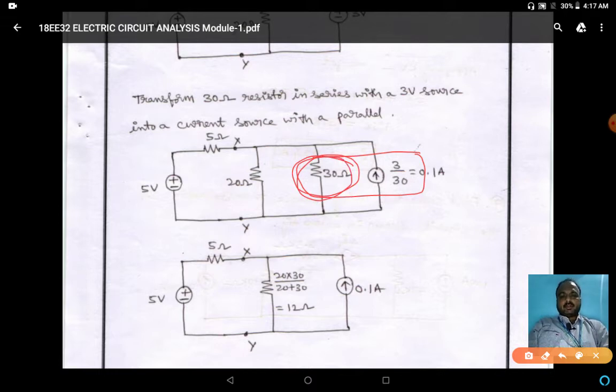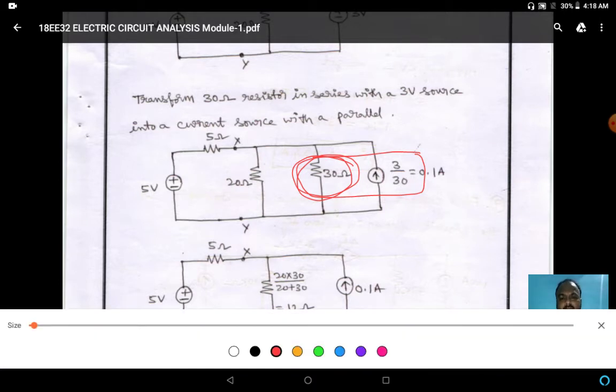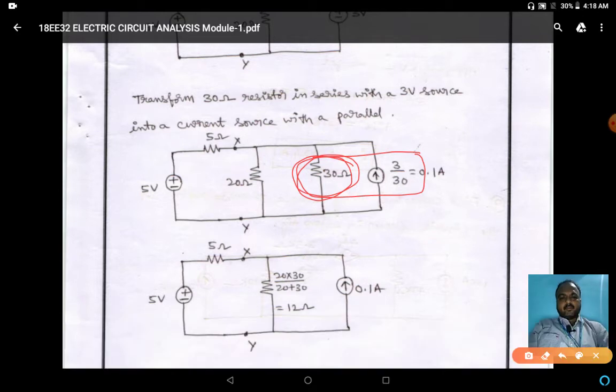Next, these 30 ohm and 20 ohm resistors are in parallel. Now we convert them into a single resistor, which is equal to 12 ohm.